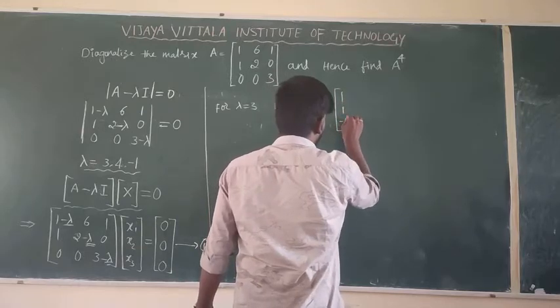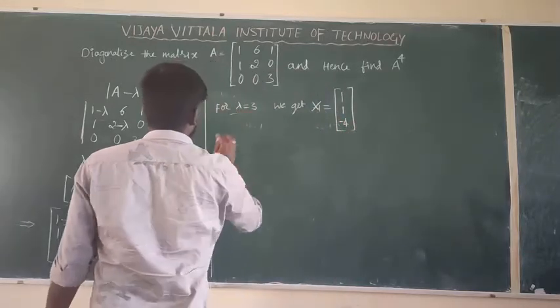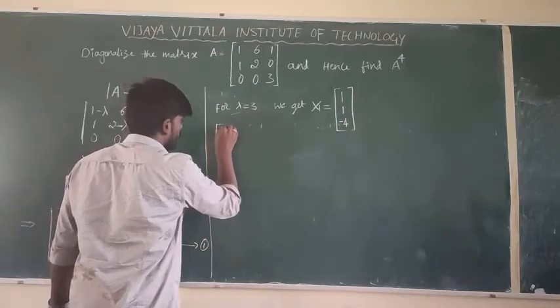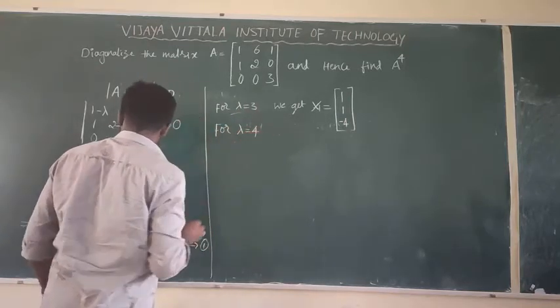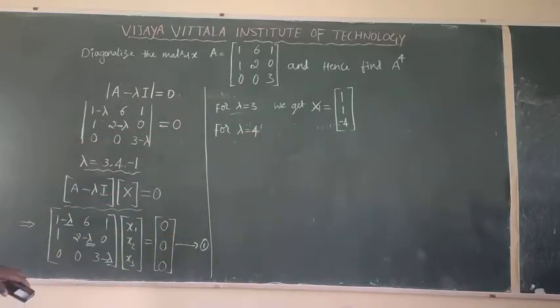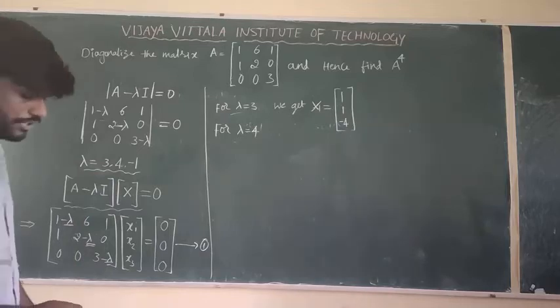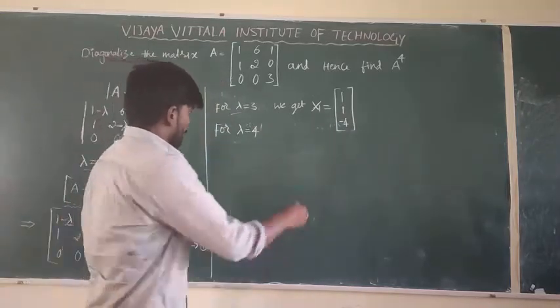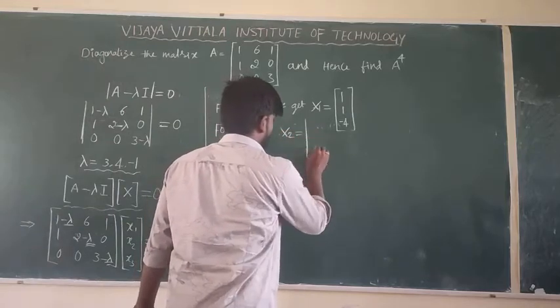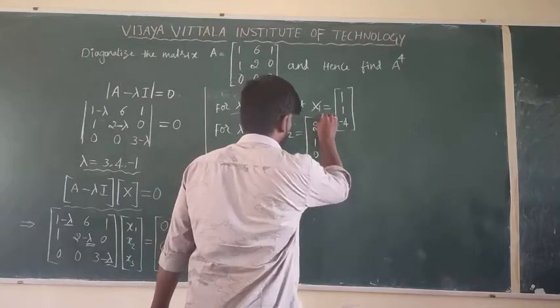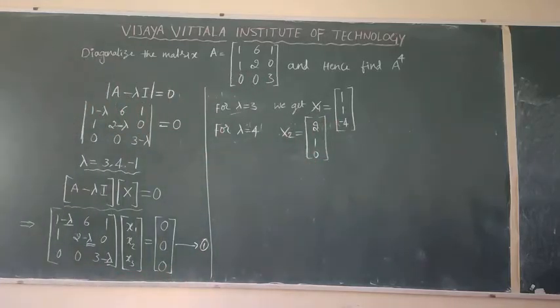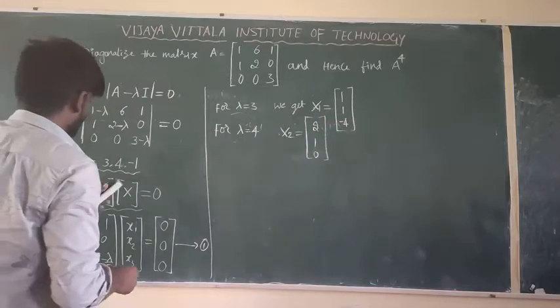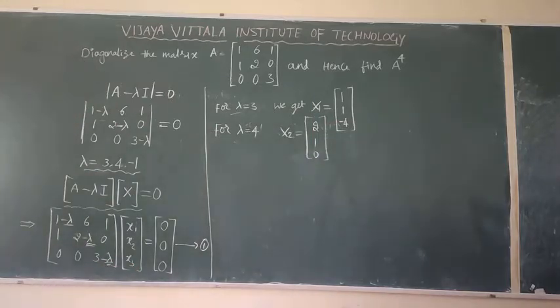For lambda equals 4, we get the eigenvector x2 as (2, 1, 0).